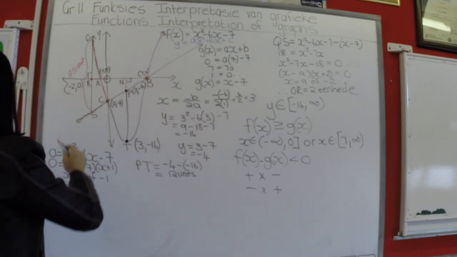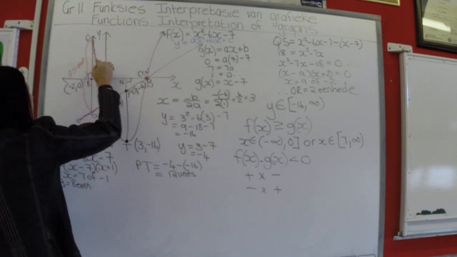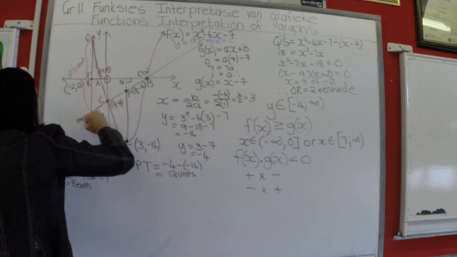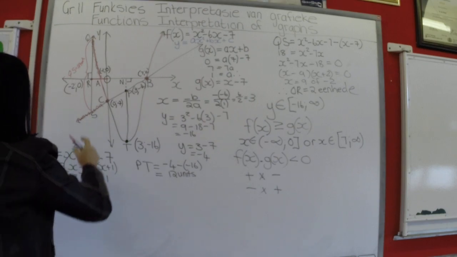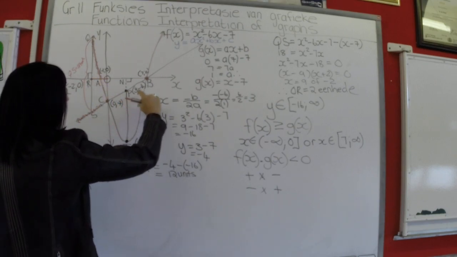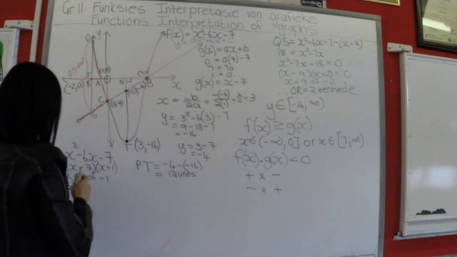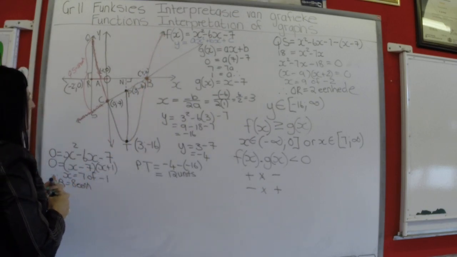So only in this case, this awesome case, the one is at the top of the x-axis and the other one is at the bottom of the x-axis. Hier's albei onder, gelyk, albei bo. So I'm going to write down that x values.